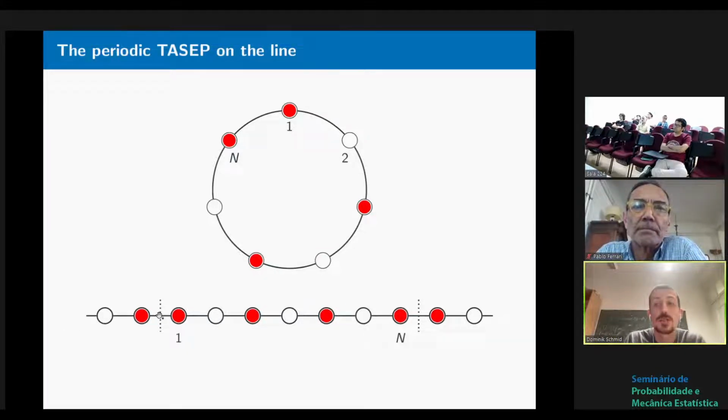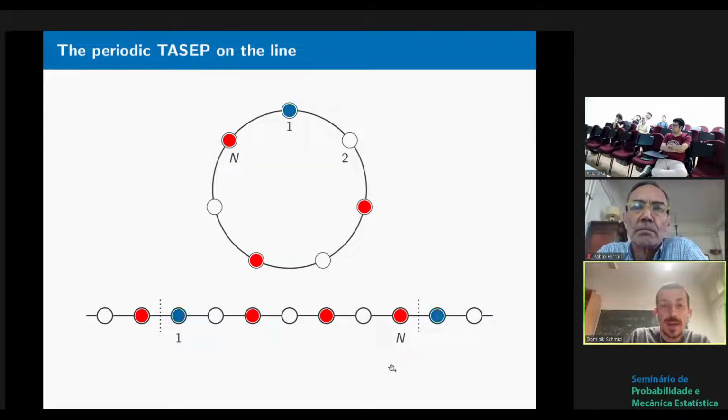and place the configuration periodically. So let's say here we just have the integers, and whenever there is a particle at site 1, we unfold the circle and take, somewhere to the right, the same configuration periodically.